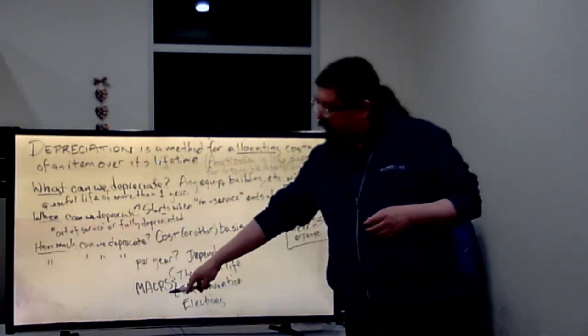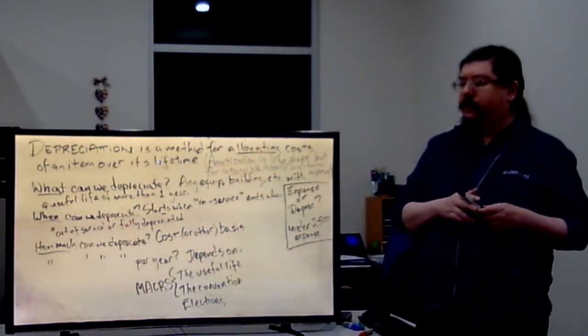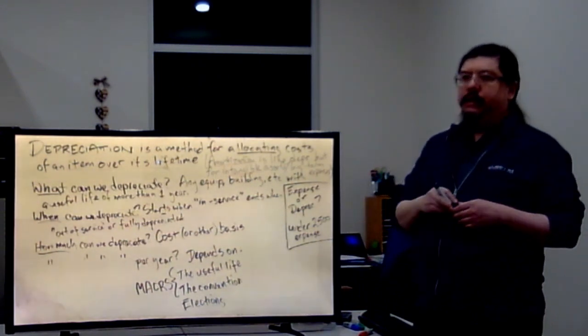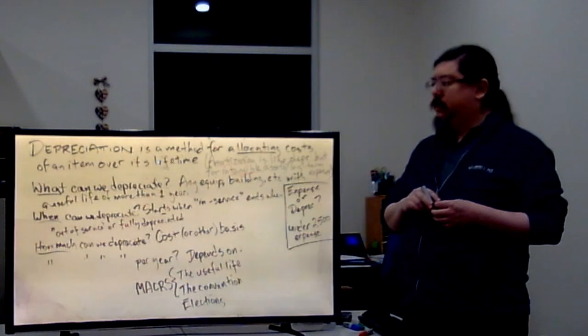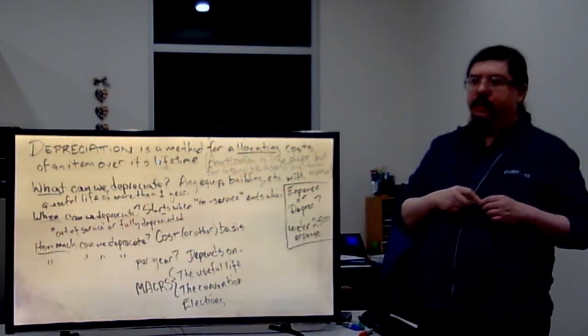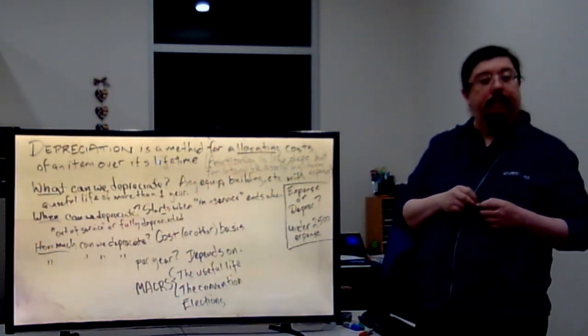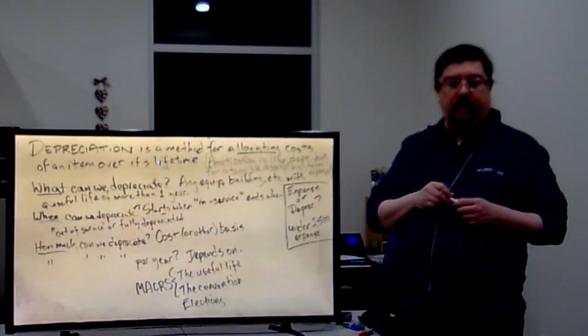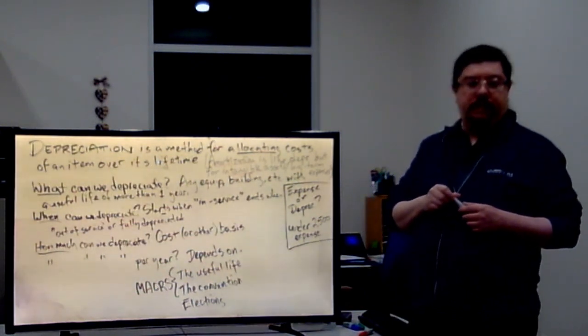Before, there used to be ACRS, and these were standardized in the 80s. Before the 80s, the useful life would be whatever your experience is. Modified Accelerated Cost Recovery System.